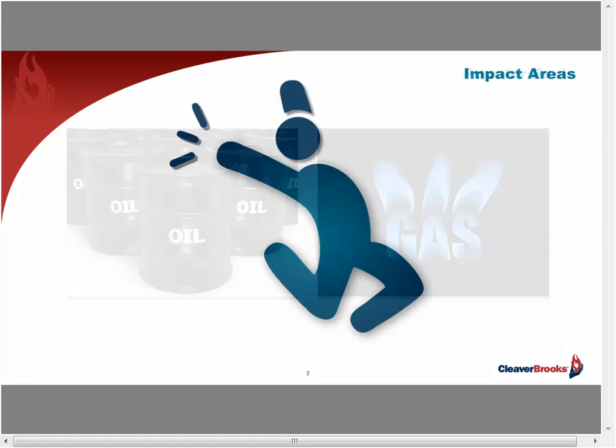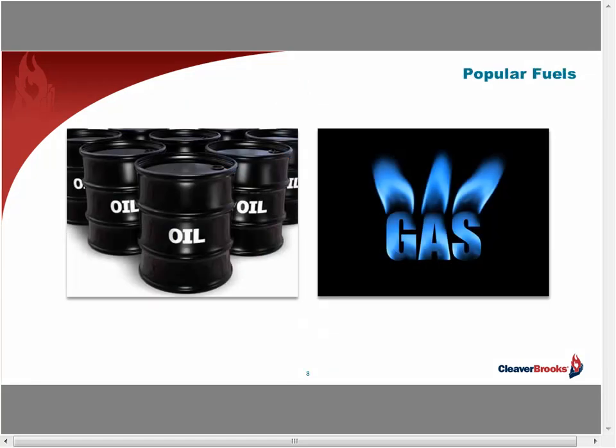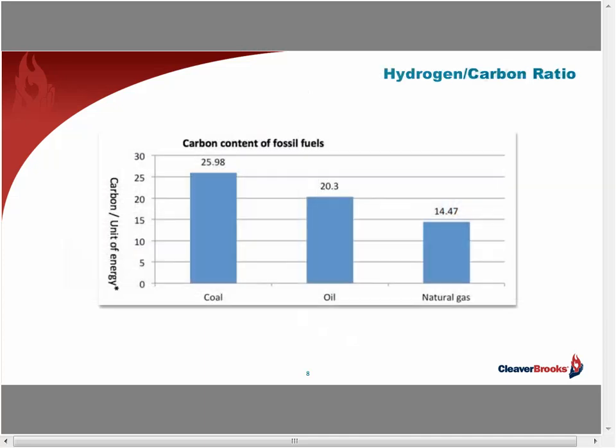Well, we'll start by acknowledging the most popular fuel burned today, as you all know, in our boilers, is natural gas. However, when looking at fuels, it's also very important to understand their relationship in terms of their respective hydrogen-carbon ratios, as you see here in these bar graphs.